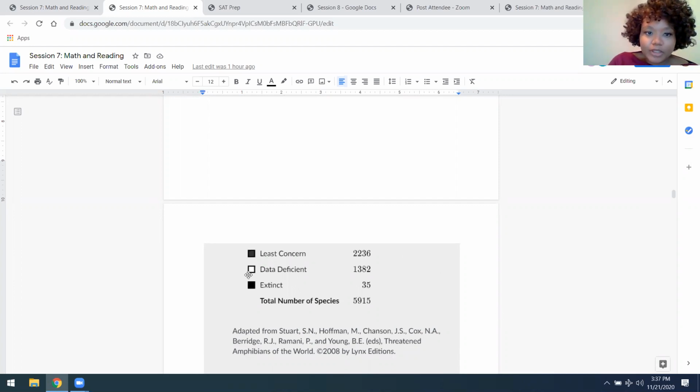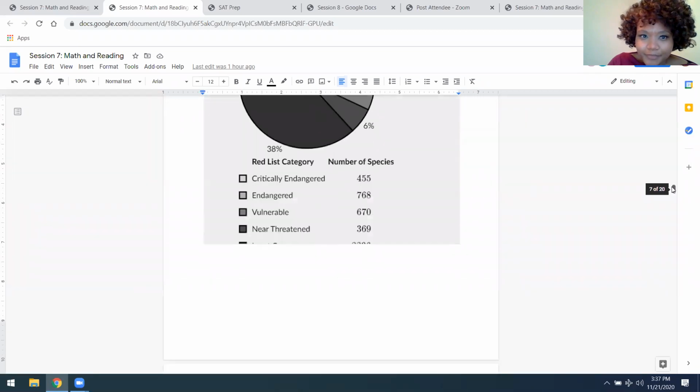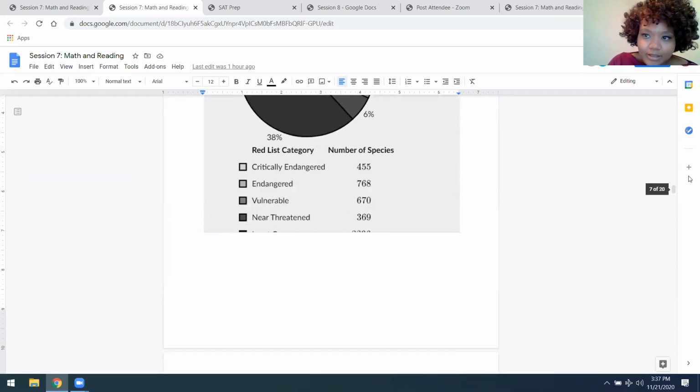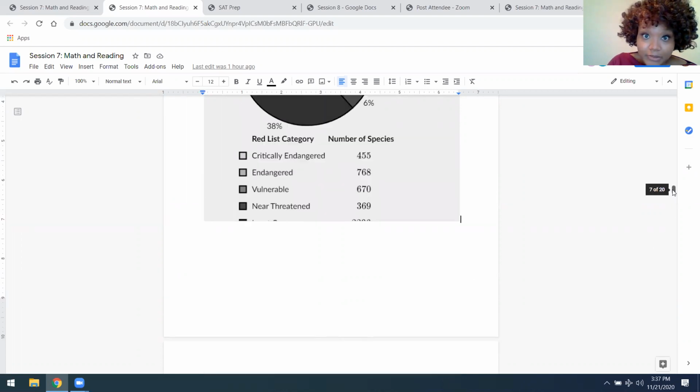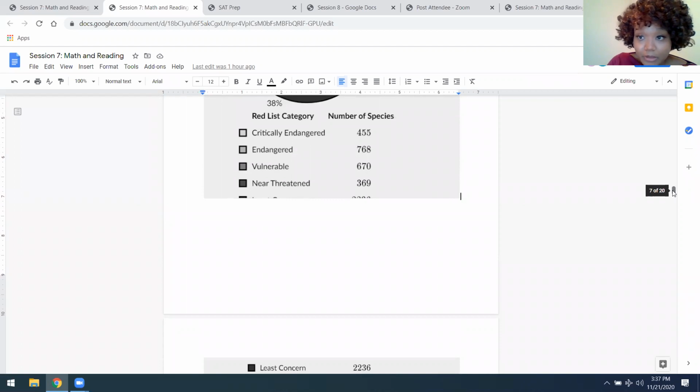The white part is data deficient, so we're not even going to count that. These tones are similar. Near threatened and least concern are kind of similar in shade. But it's actually kind of hard for me to see even.